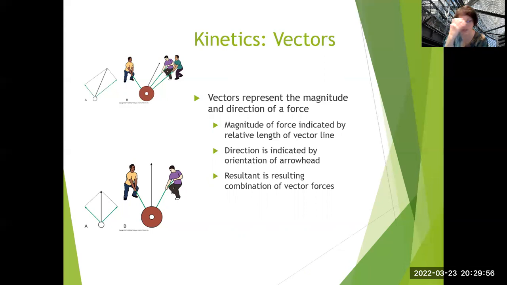This is the example they have in the book of different people pulling a load. In the top picture, you have more force going to the right, so the load is going to move to the right. In the bottom picture, you have equal forces right and left, so the load's going to move pretty straight.